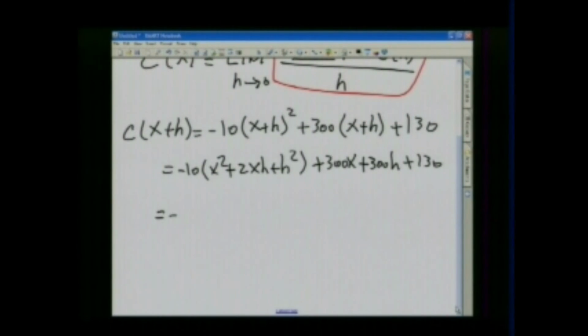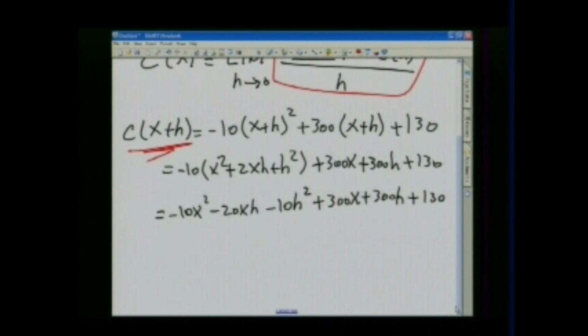Simplify: minus 10x squared minus 20xh minus 10h squared plus 300x plus 300h plus 130. This is C of x plus h.